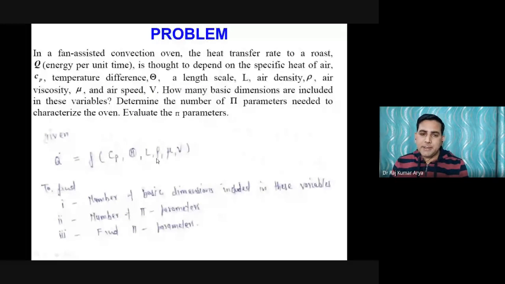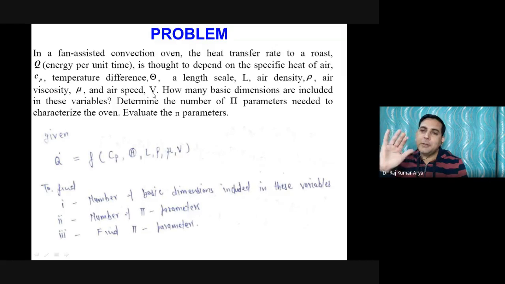This is the question: in a fan assisted convection oven, the heat transfer rate to a roast, Q, the energy per unit time, is thought to depend on the specific heat of air, Cp, the temperature difference theta, the length scale L, the air density rho, the air viscosity mu, and the speed of air V.